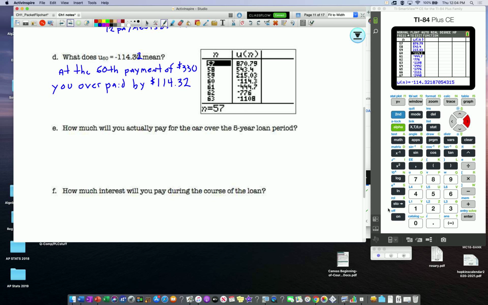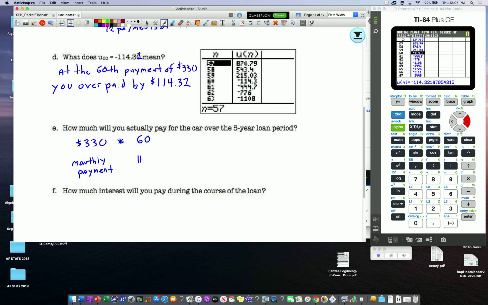How much will you actually pay for the car over the 5-year loan period? If I think about this, just like we did on the front page, I kind of extended it. This was our monthly payment. So you were paying $330. We're going to times that by the number of payments, 60.